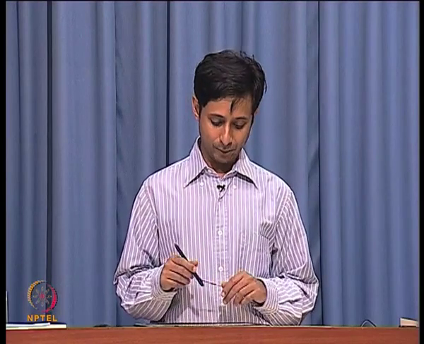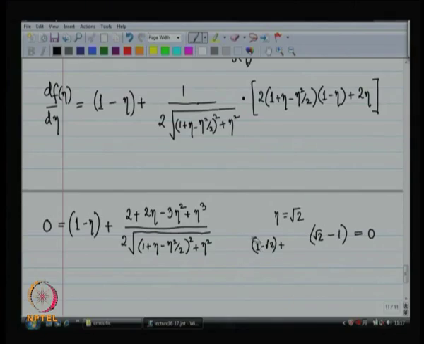So, when I do plug in eta equal to root 2, I should be getting the maximum bandwidth. You can do the second derivative of this and satisfy for yourself that the second derivative is indeed the right sign.